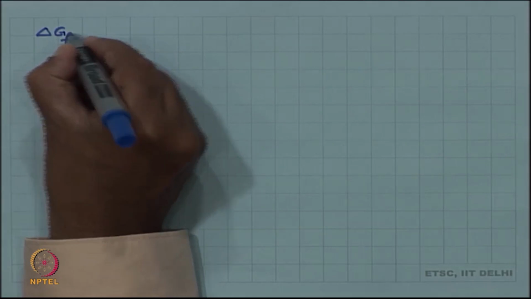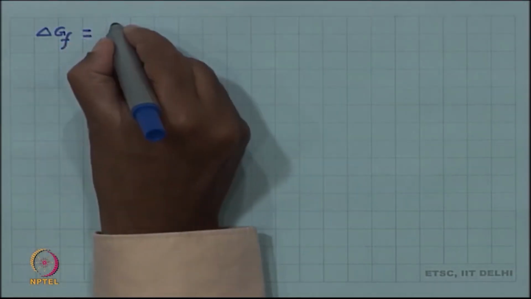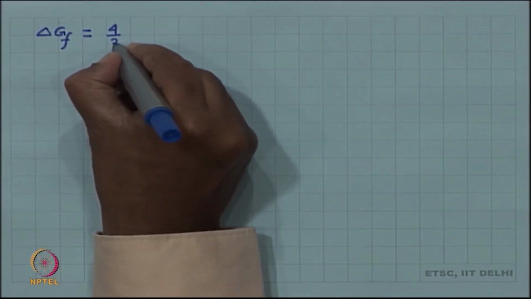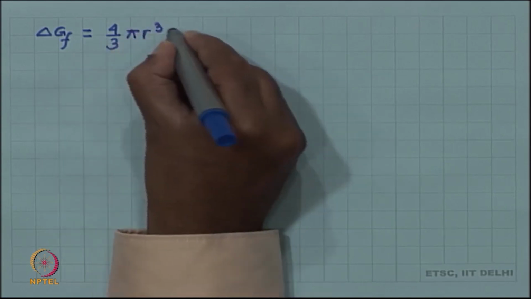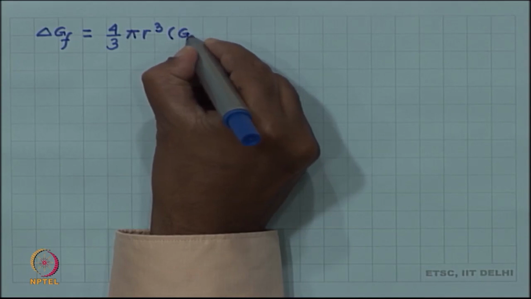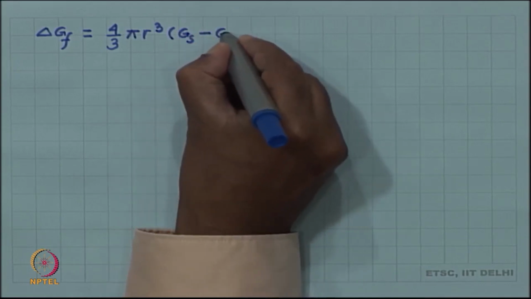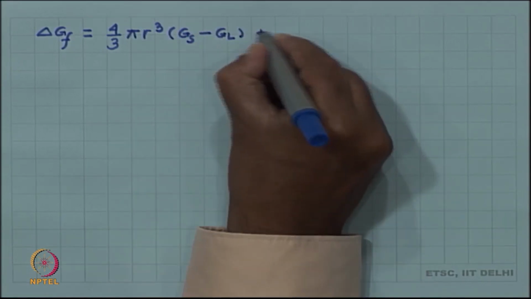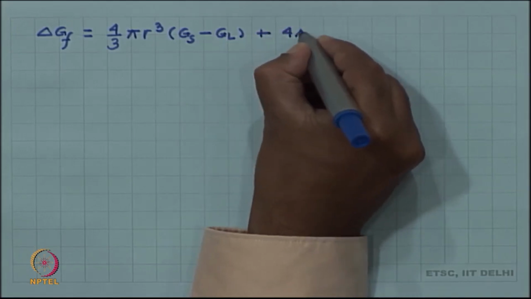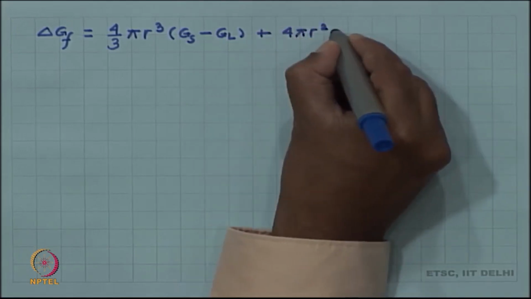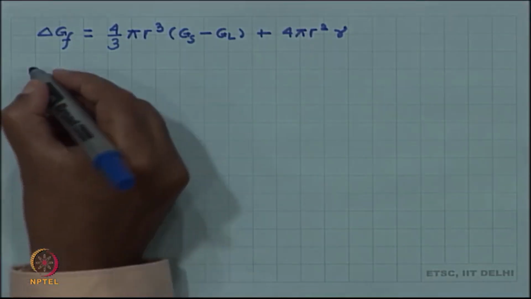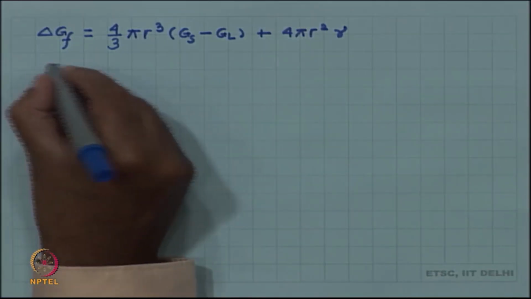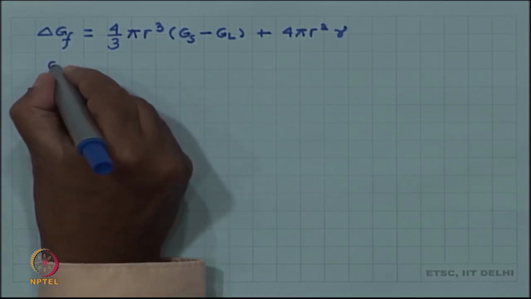So, remember delta GF we wrote as a sum of two terms, the volume term and a surface term. And to apply the condition for maximum, we differentiate this.